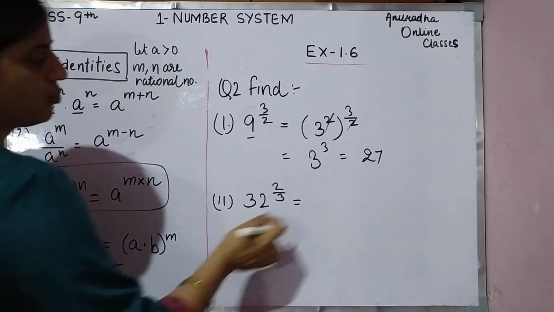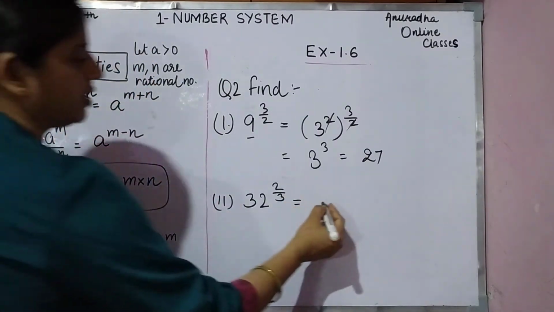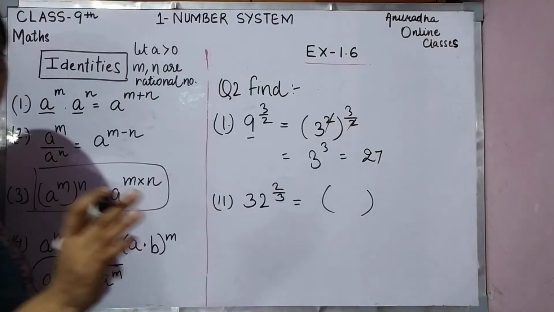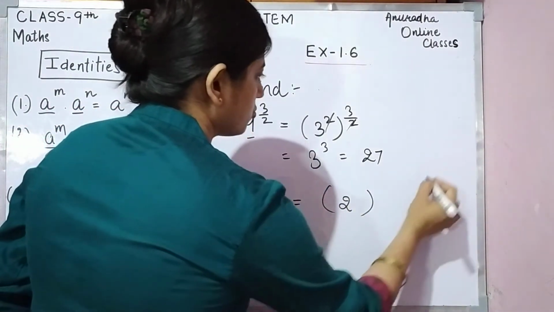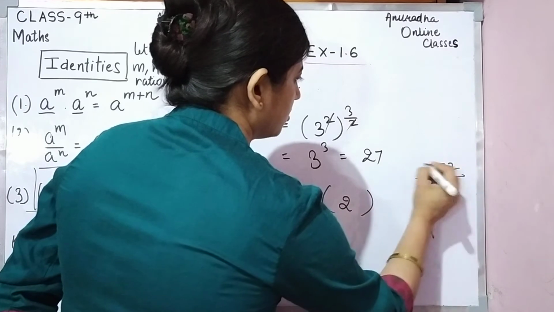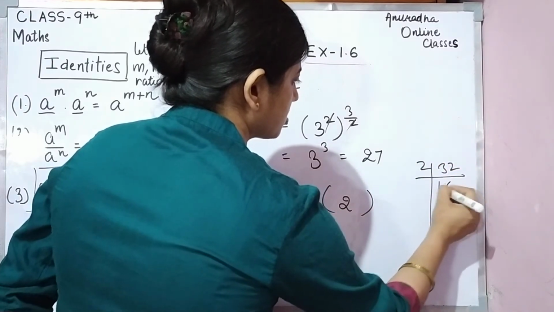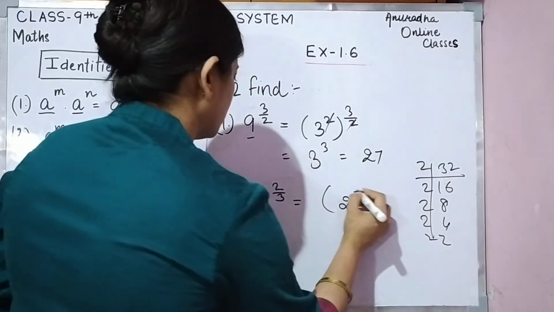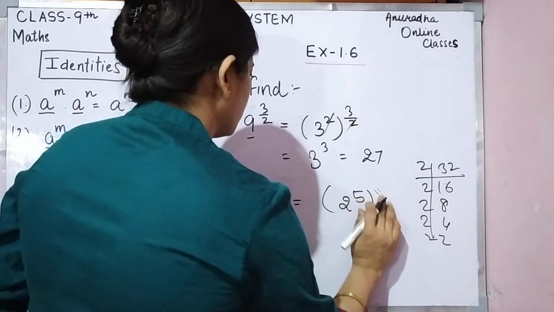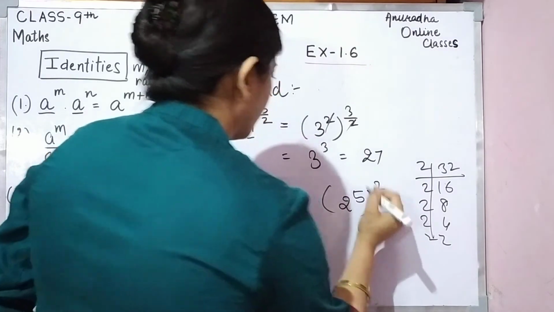इसको आप कैसे करोगे? इन द सेम वे ओनली. दैट 32 का हमने वो किया था, दैट इज 2 to the power 5. ओके, 2 to the power 5 था ना, 32 था. देन 2 1s are 2, 2 2s are 4, 2 4s are 8, 2 8s are 16, 2 16s are 32. Okay, 2 to the power 5 into 2 की power 3.